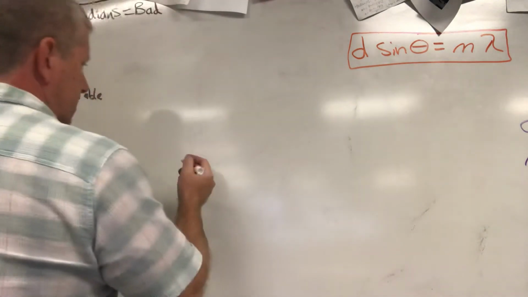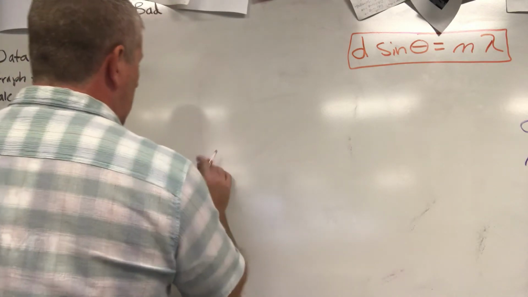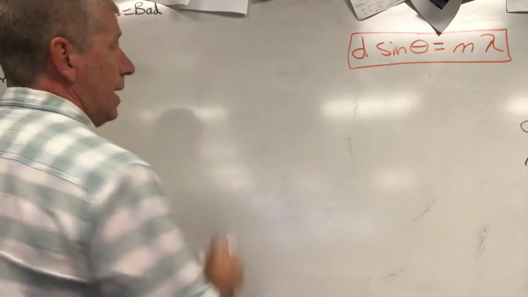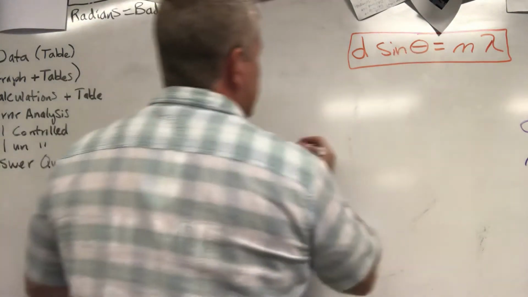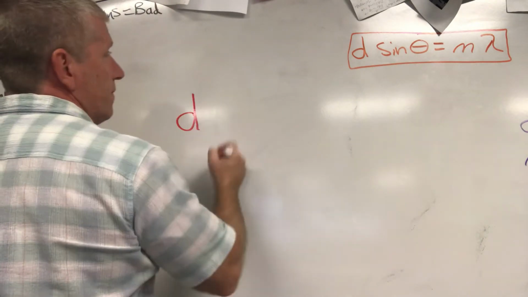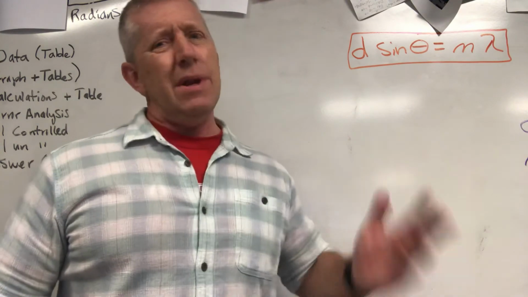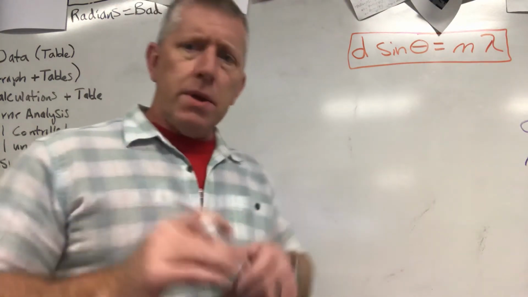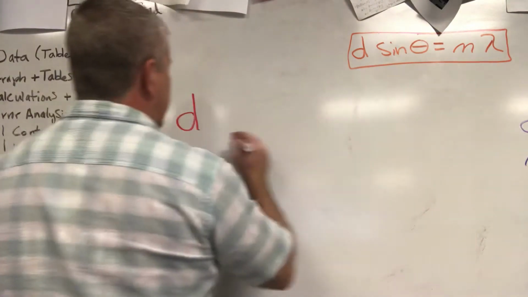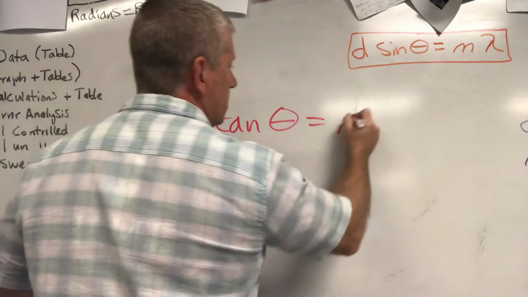Okay, so let's say that you know that, oh, I know you're going to hate me for doing this. Sorry. But for small angles, anything under, I'd go 10 degrees. Anything more than 10 degrees, it's not good, but most of these angles are small anyways. Anything under 10 degrees, we can substitute in tangent of theta.